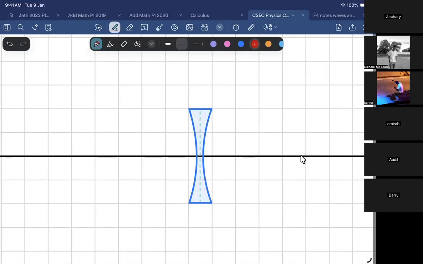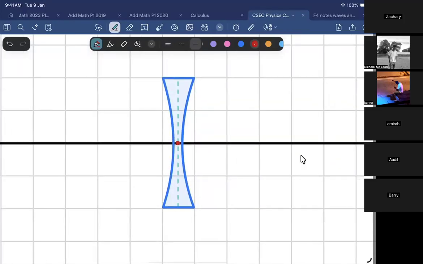What would I call this red point in the middle? Does anybody remember? Optical center, sir. Right, that's O.